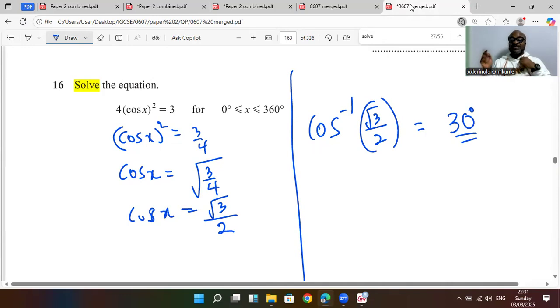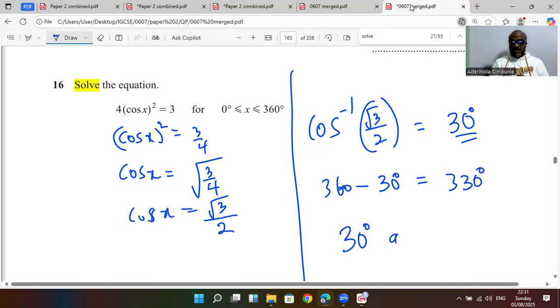Okay, so the first answer is 30. Then since it is cos, once it's cos, you do 360 minus the angle, which is 360 minus 30, which is 330 degrees. So the two answers we're looking for are 30 degrees and 330 degrees.